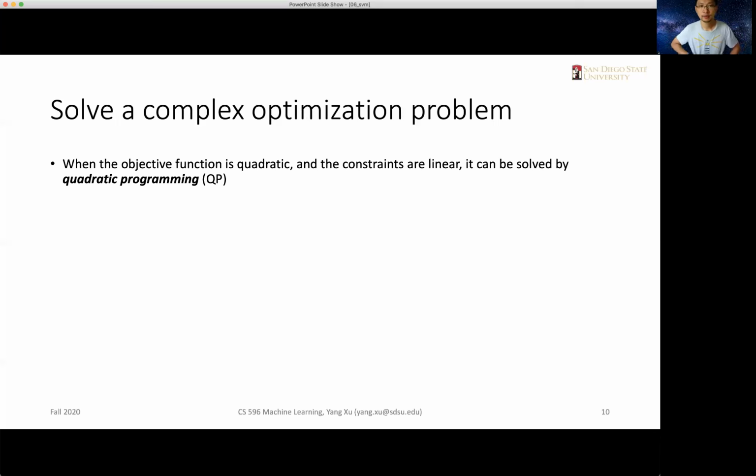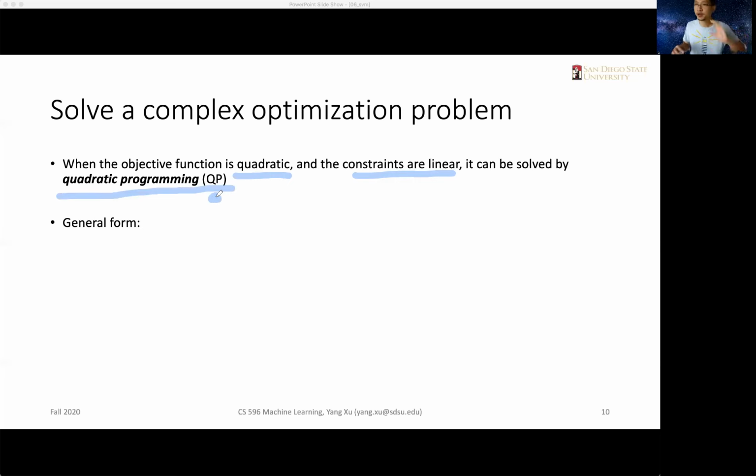We actually have two conditions. First, the objective function should be a quadratic function, and the constraints are linear functions. Then we can use a technique called quadratic programming.